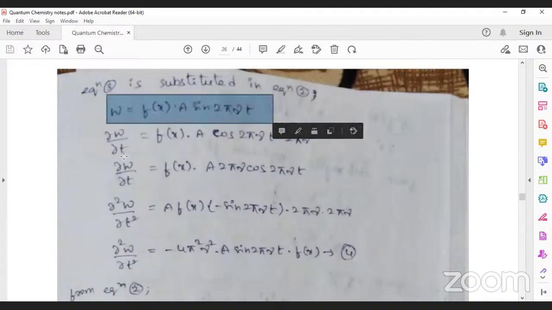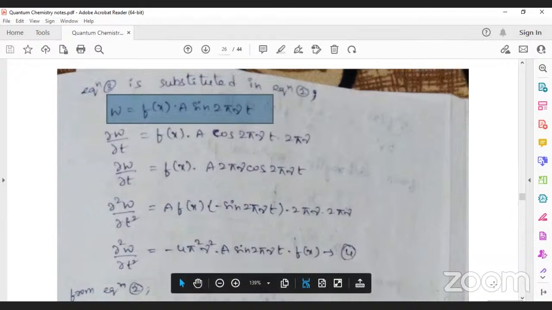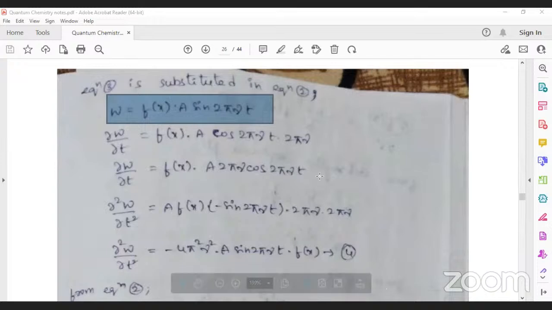Once differentiated with respect to t, that is... Sir, the sound is not audible, it is coming softly, the voice was not clear. Okay, just wait.